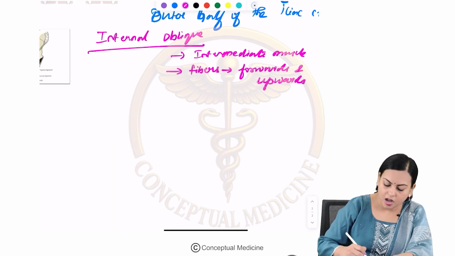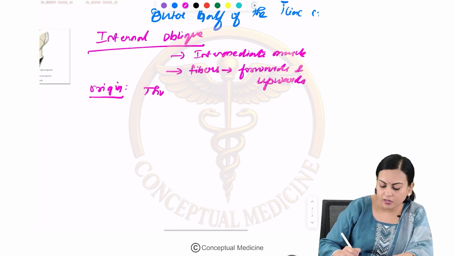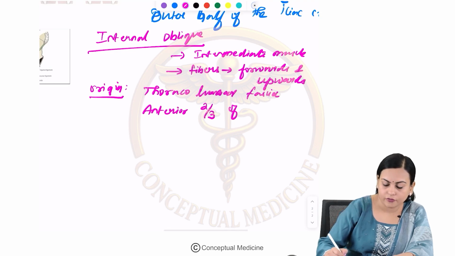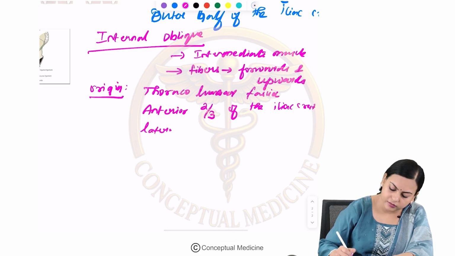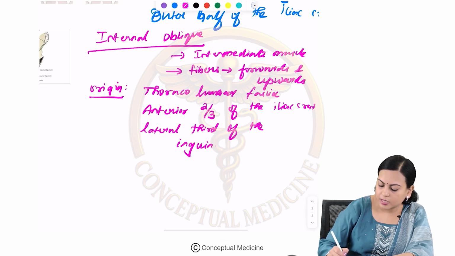And origin of the internal oblique muscle are from the thoracolumbar fascia, anterior 2/3 of the iliac crest and lateral third of the inguinal ligament.